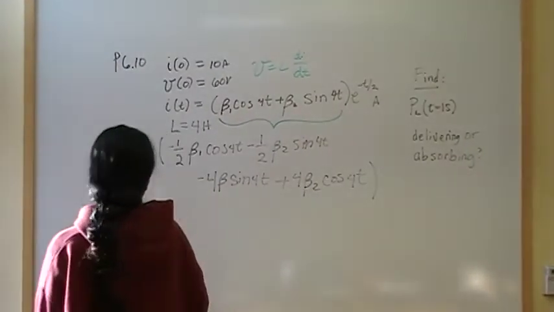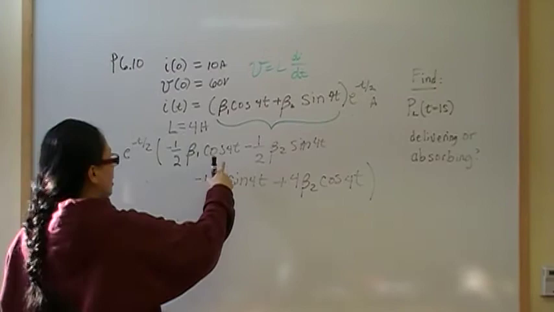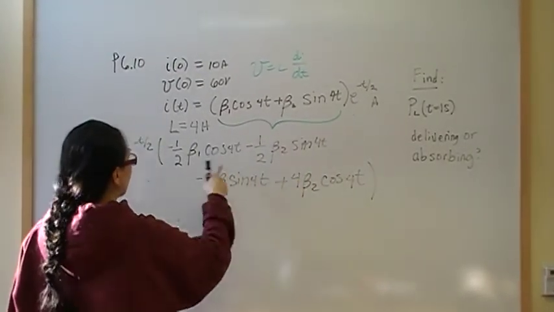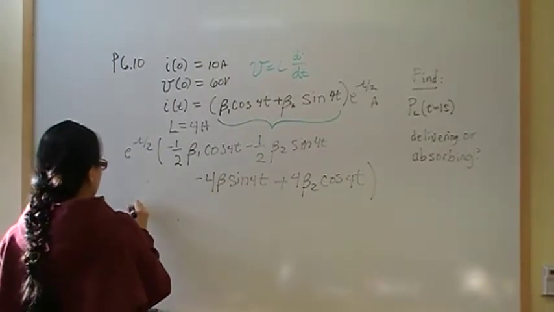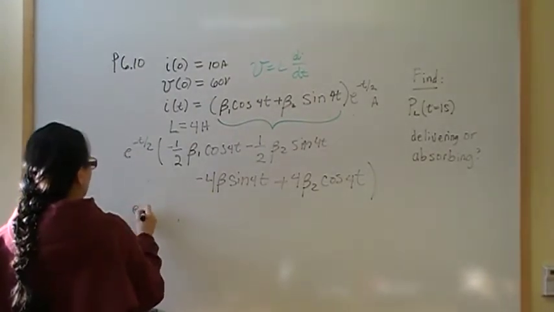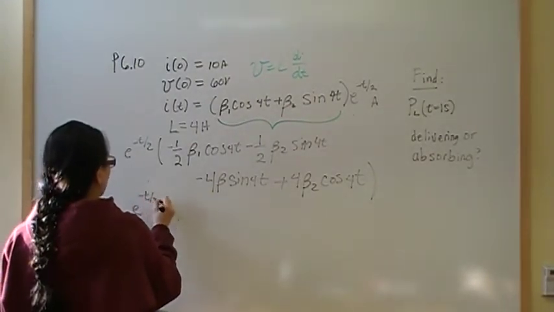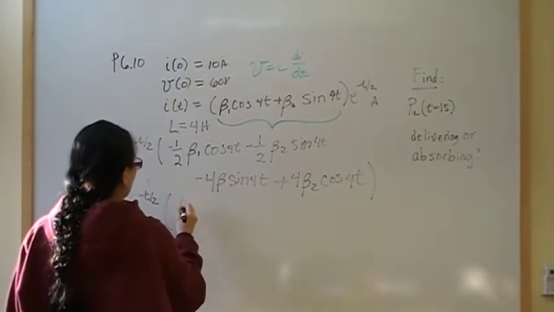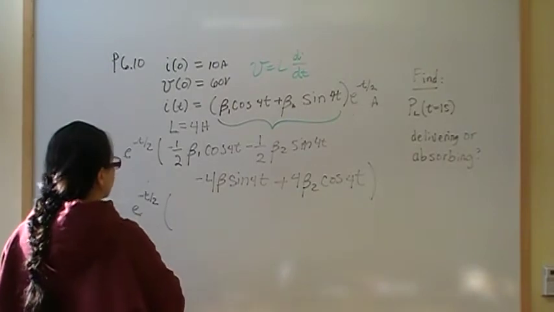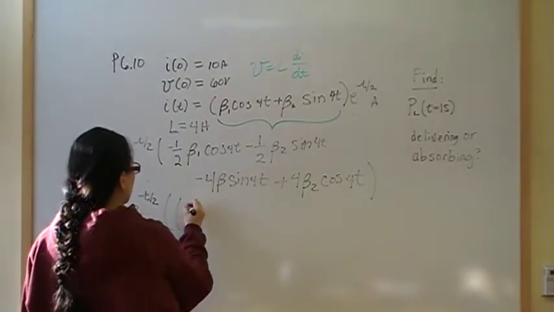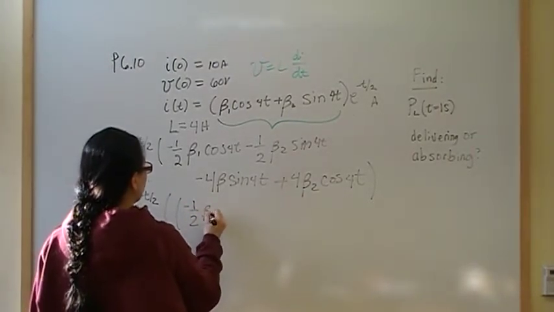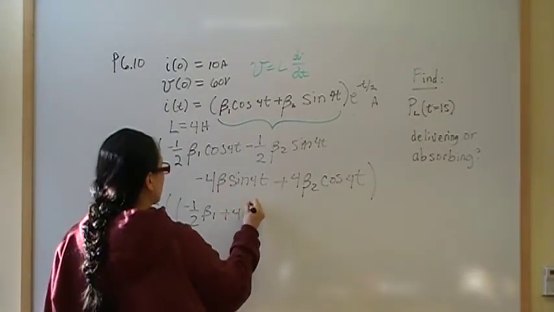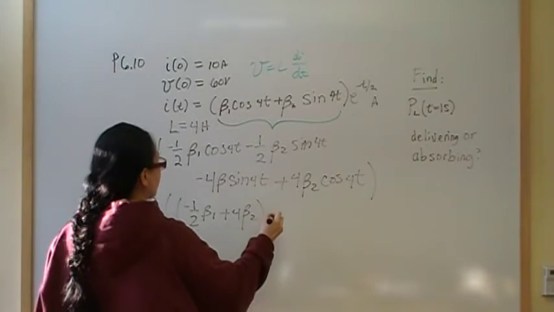So now we have cosine 4t and cosine 4t, and so we can combine them together by adding the coefficients. This will give me e to the negative t over 2 times, all that times negative 1/2 beta 1 plus 4 beta 2, that times cosine 4t.